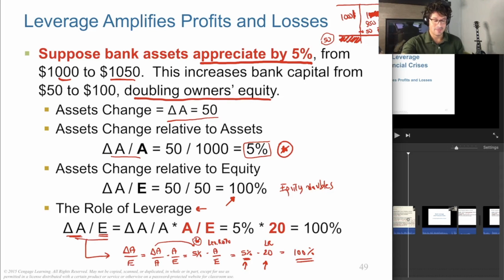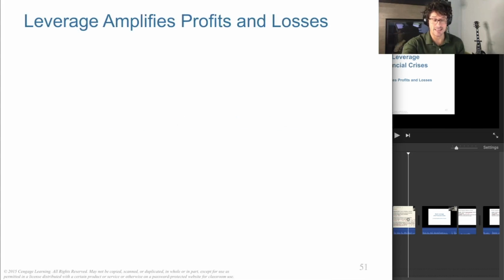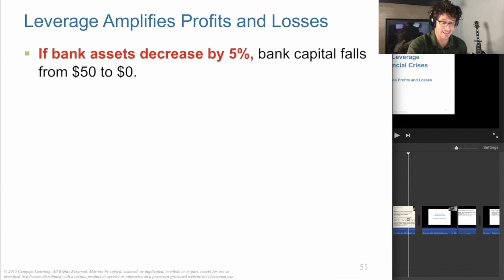But here we have seen a case in which assets go up. At the same time, leverage could also amplify losses. And this happens in the case in which, instead of assets increasing by 5%, let's suppose that they decrease by 5%. So they pass from 1,000 to 950.